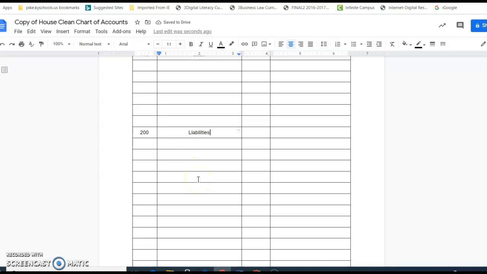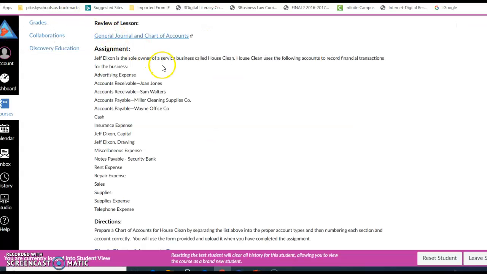And then 300 is going to be your owner's equity accounts, 400 will be your revenue, and 500 will be your expenses. And you will just come back to here, and you will take this list of accounts, and you're going to classify them into each of those 5 categories, and you're going to give them a number.